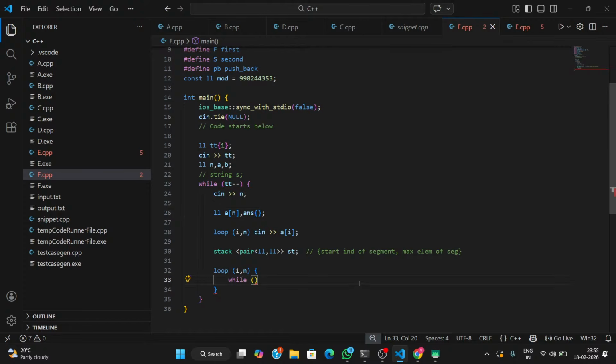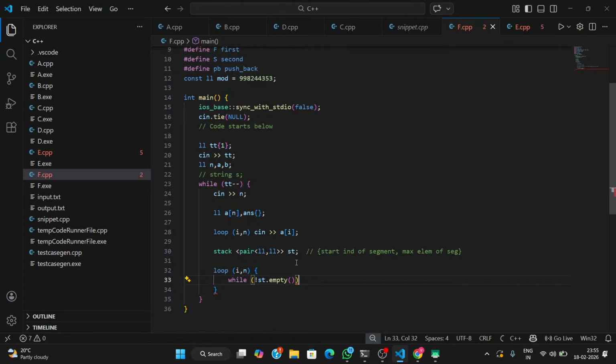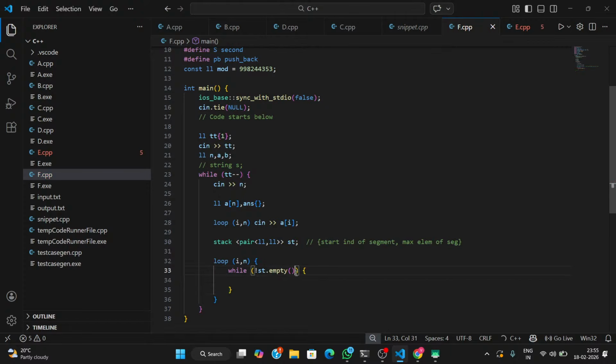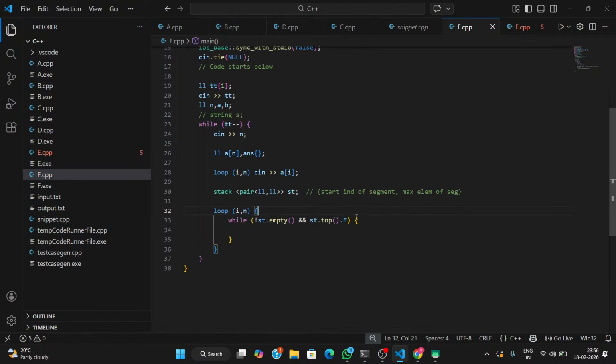And while our stack is not empty, and stack dot top dot first, capital F is first, yeah. So what is first? What was the first element of the stack?